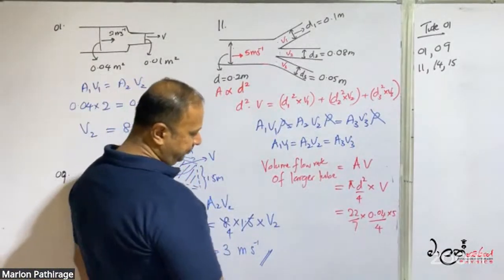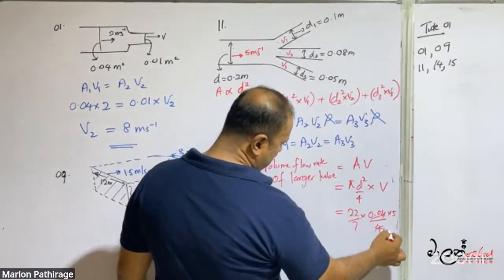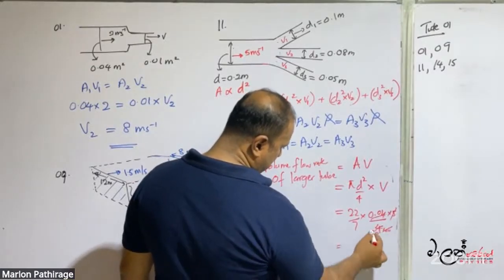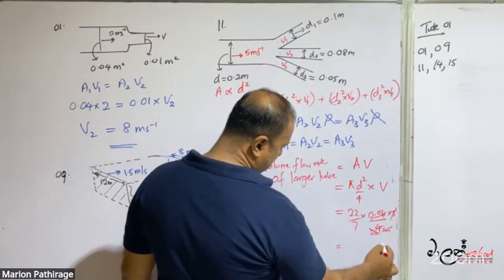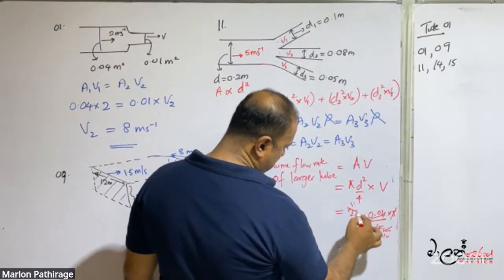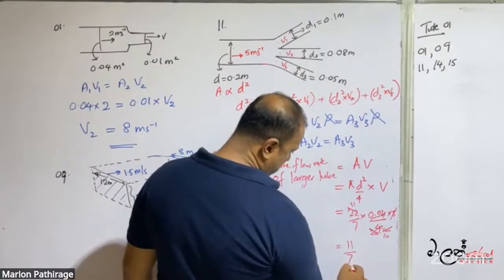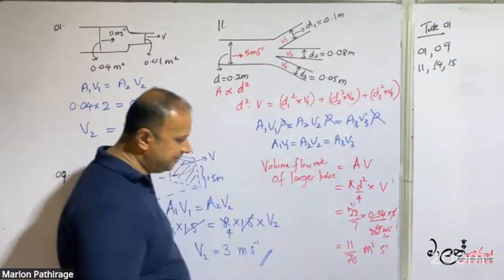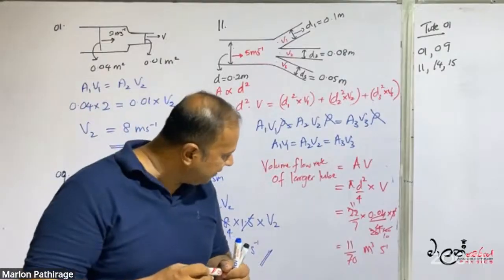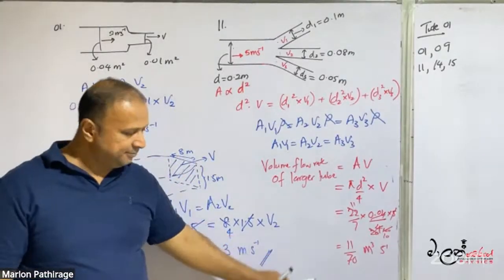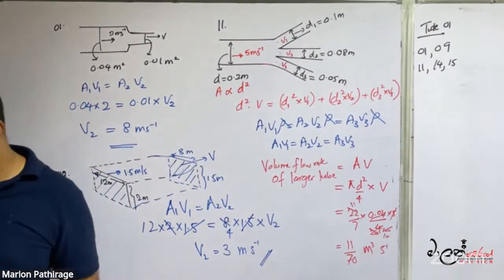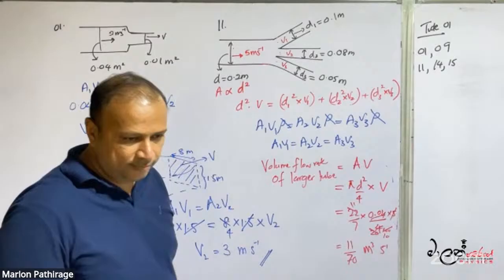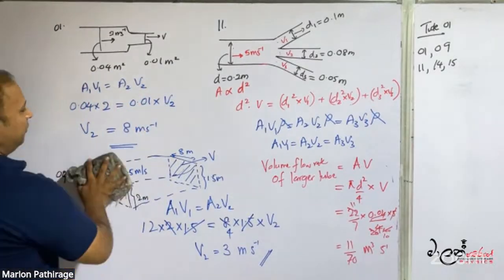Let's see, for this V1 is 20, then for this 10. So 11 over 70, 11 over 70 meter cube per second. That is the volume flow rate of the large tube.